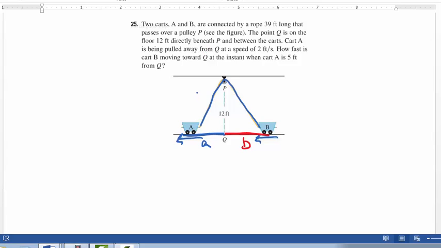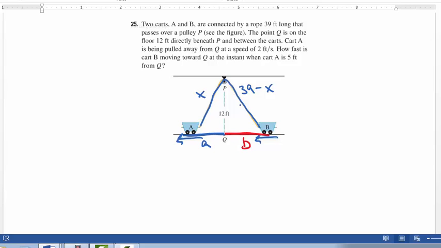So if I just call this segment here X, let's say, right, that forces this segment over here to be the remainder. So if the whole thing is 39 feet, this is going to be 39 minus X, right? Because you see what the problem is here. If I look at this whole big triangle, right, it's not a right triangle. Okay? So you're going to have two separate calculations here.